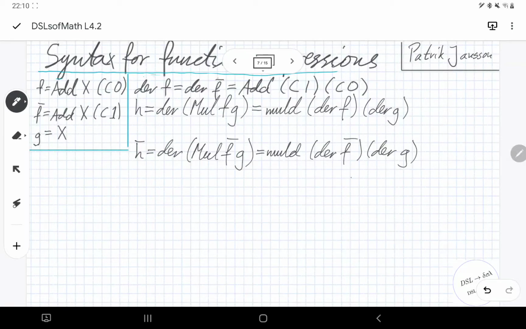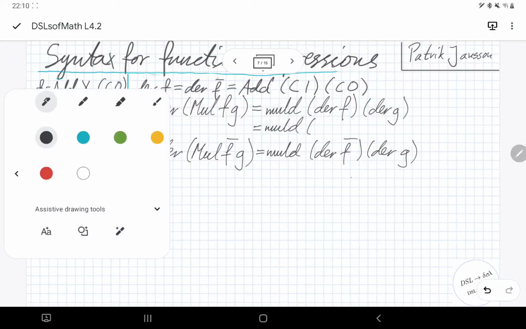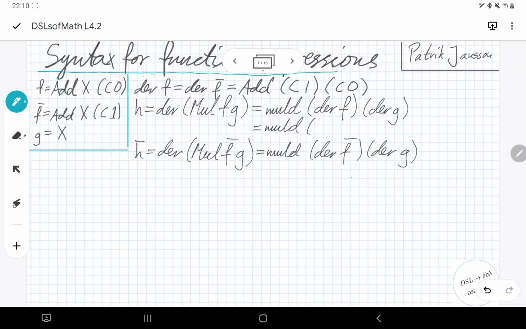And then we can see that both from below and from above, these are both equal to a common term, which is mul d of, and then look what we've got up here. I'll just write a little blue arrow. This expression. And for the other case, derivative of g, that's just const 1. So notice this intermediate term here is equal to both h bar and to h.